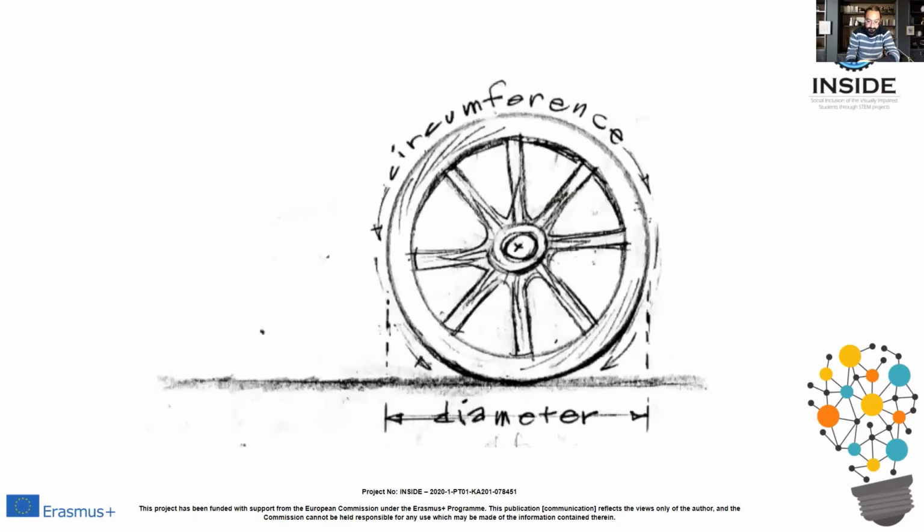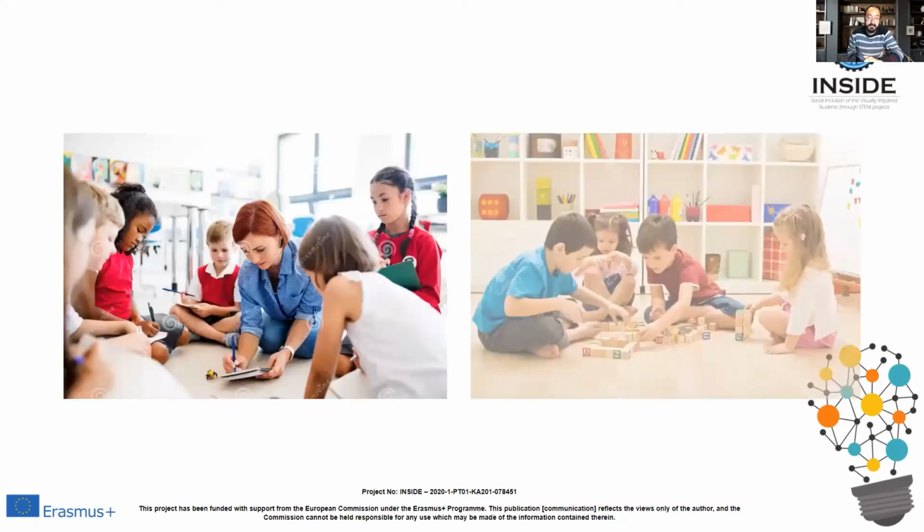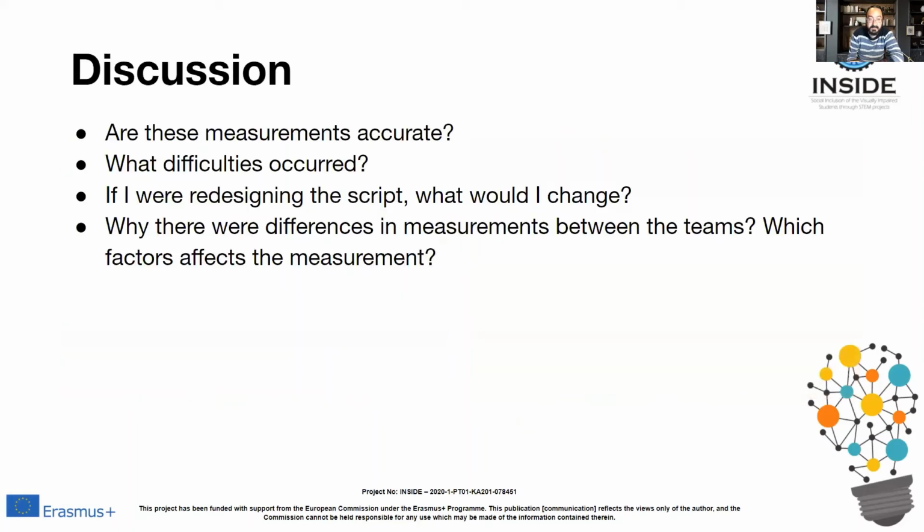And this brings in a very interesting thing, because after conducting the experiments and giving them plenty of time to do so, we can start a discussion, which is the most important part of these lesson plans.